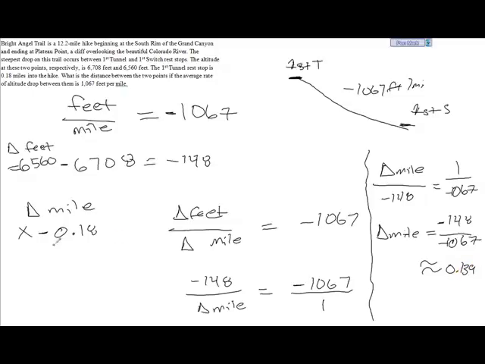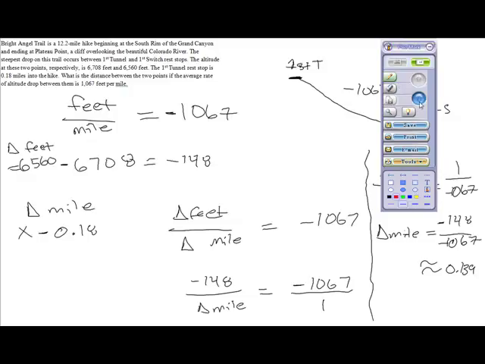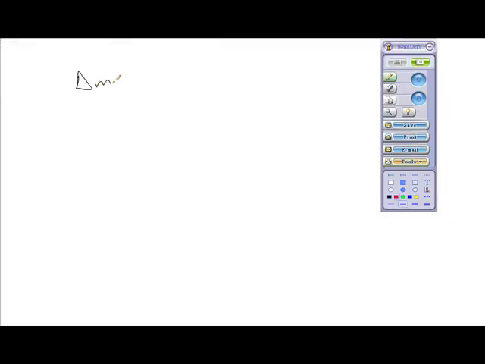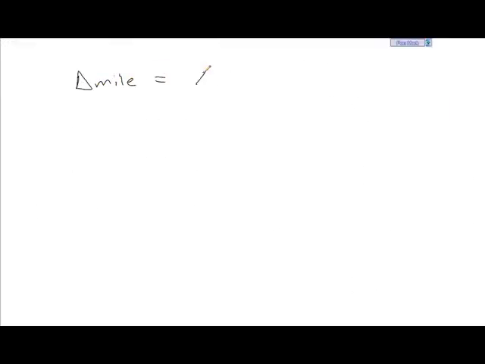Okay, well, so that means that x minus 0.18 has to give me 0.139, because remember, change in miles equals the difference between where we end up, or how far we are into the hike when we're down at the bottom at the next stop, minus where we started. And I know that change in miles has to be 0.139 equals x minus 0.18. So the difference has to be 0.139.